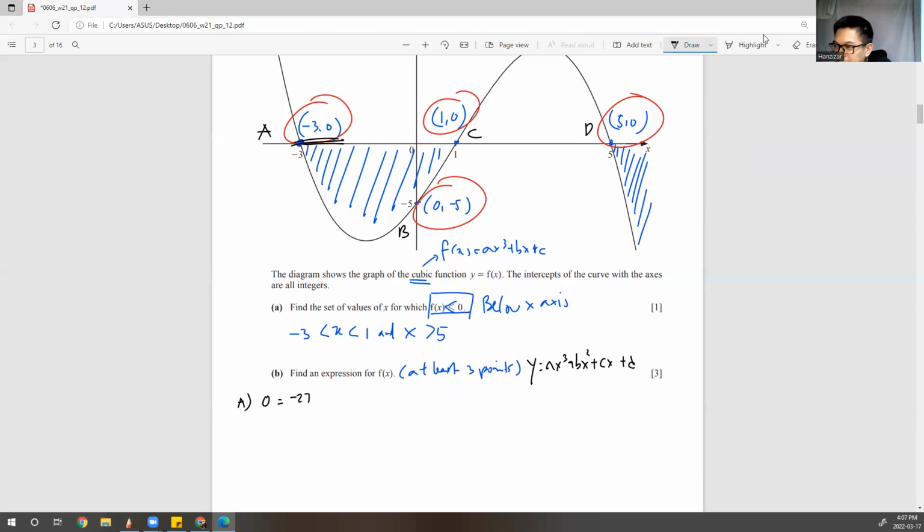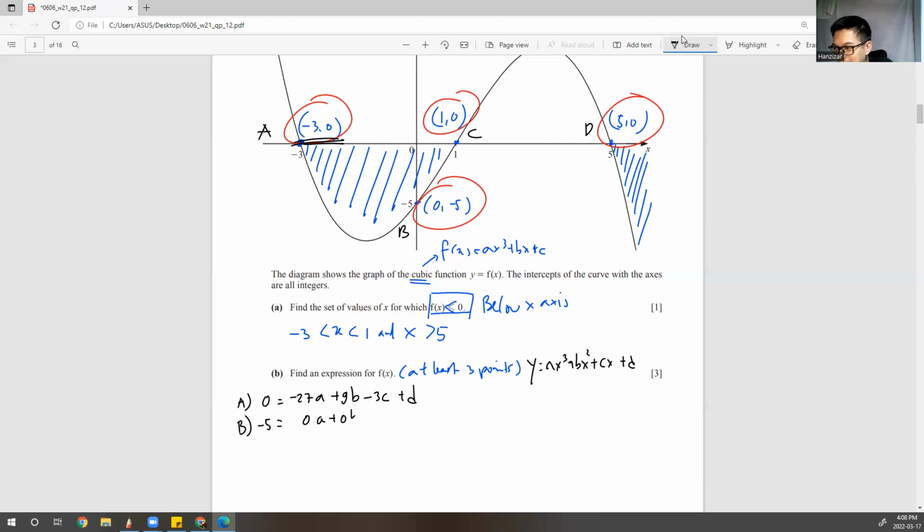Plus bx squared, where x squared is 9, so plus 9b, plus c times negative 3, so negative 3c. You might use your calculator. Plus d, that's for point A. How about point B? Negative 5 for the y, so negative 5 equals, with x at 0. See, very simple.